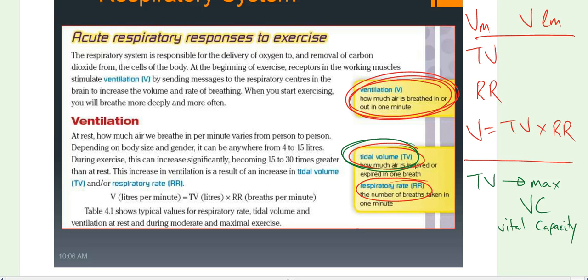So the maximum amount of air we can breathe in and out per breath, vital capacity. So for our ventilation to increase, we can either have an increase in tidal volume or an increase in respiratory rate. However, when we exercise, we will usually have an increase in both.